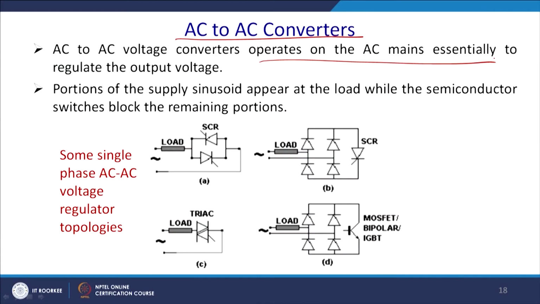An AC to AC voltage converter operates on the AC mains essentially to regulate the output voltage. A portion of the sinusoidal supply appears at the load, while the semiconductor switches block the remaining portion. Essentially, you may have a triac, which is the simplest AC to AC converter, but it chops a portion of the voltage in both directions and is applicable for low power loads.